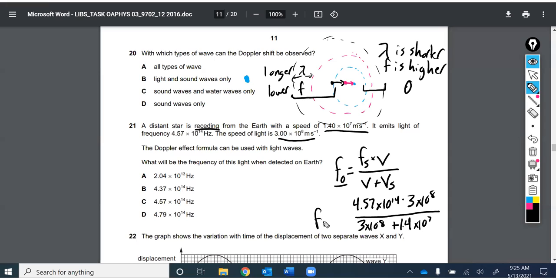All right, so what will the observed frequency be? This is why we don't notice a Doppler shift with light for things here on Earth. It's true that when a red race car speeds away from your eyes, it becomes even more red. It redshifts as well because it's moving away from you. The wavelength of the light traveling to your eyes is taking longer to get there.